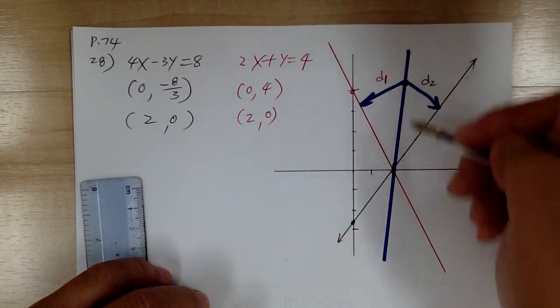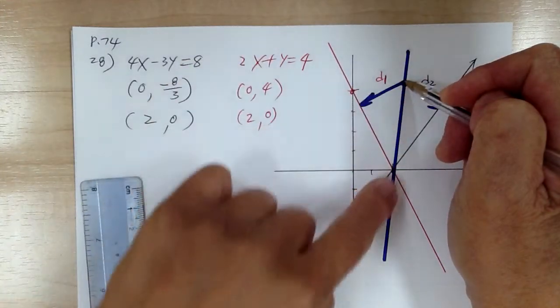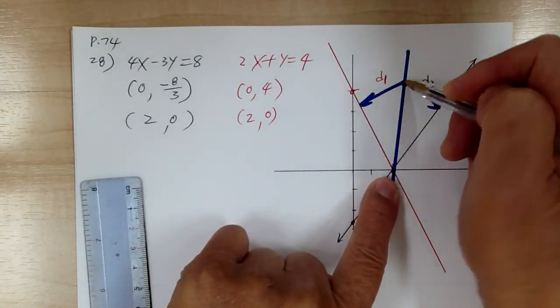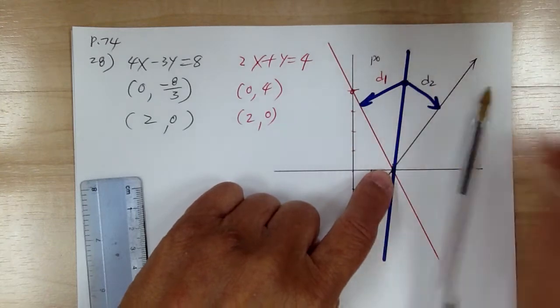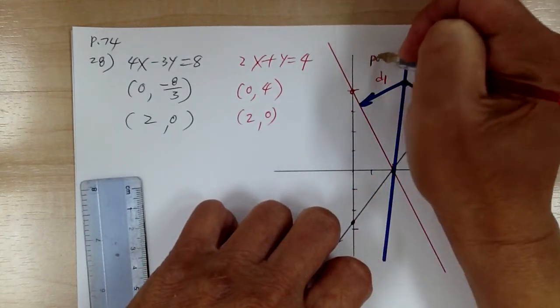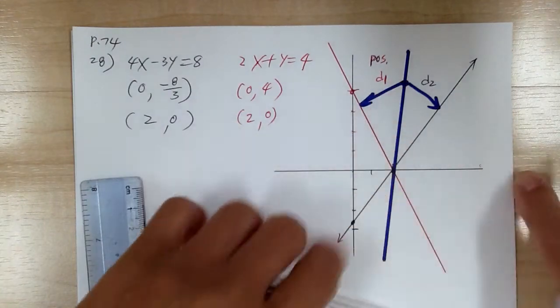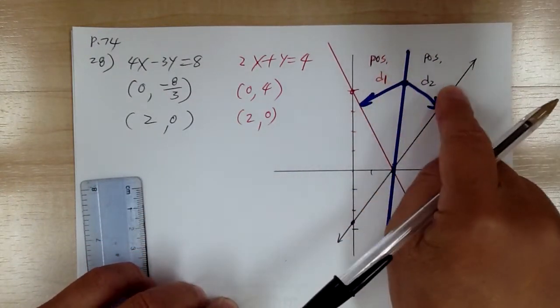Okay, and you can just look at the line and the point. The point is above the line, so you just go straight down. So this is above the red line, so D1 is positive. And this is above the black line, so this is also positive. Okay, so both D1 and D2 are positive.